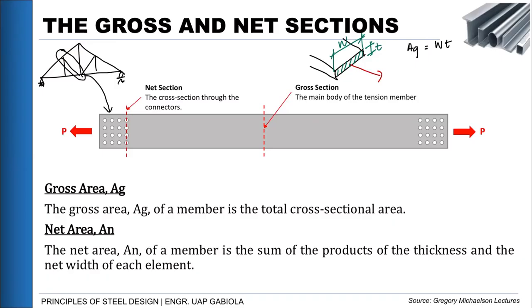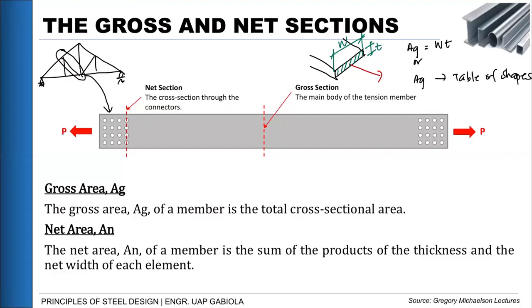If our section is different, let's say a W-shaped section, S-shaped section, C-section, or any rolled sections that we discussed before, the AG will be taken from the table of sections, or table of shapes.